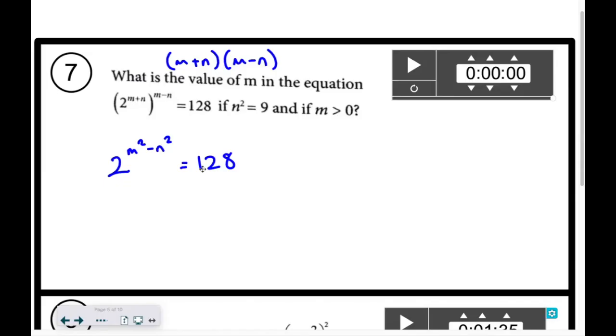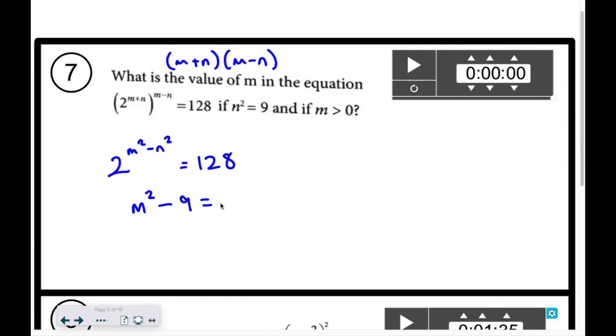But you can just use your calculator to guess and check. You may have learned logarithms, but logarithms aren't necessary for the SAT. So it should always be like a power of this number. So it turns out that 2 to the 7th power is 128. So we know m squared minus n squared is 7, but n squared is 9.